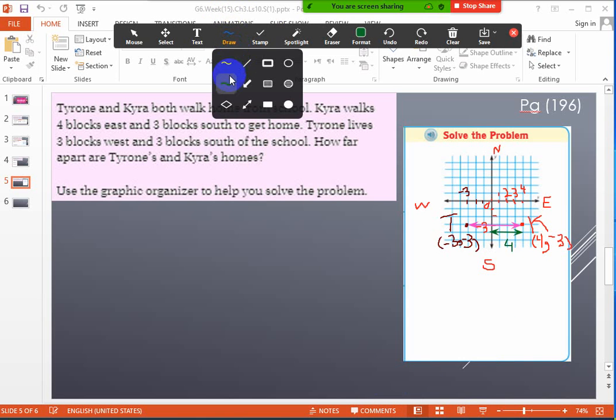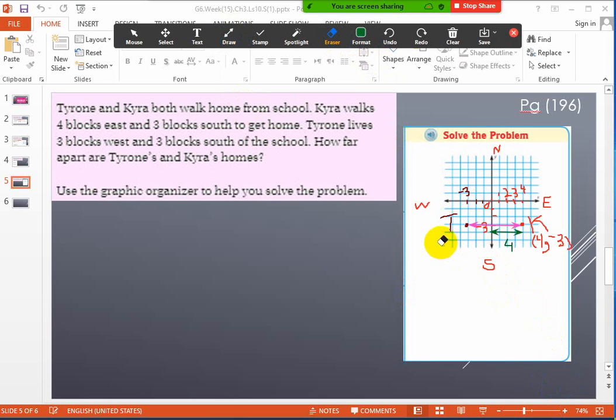Now, what is the horizontal coordinate, which is the X coordinate, for Tyrone? Okay, I will erase this. What is the X coordinate for Tyrone, which is the distance between the point and the y-axis? It's -3.